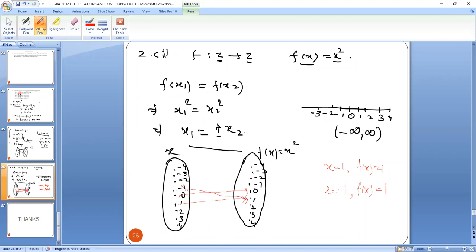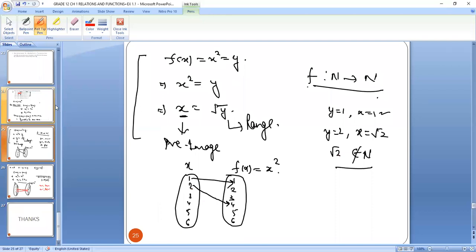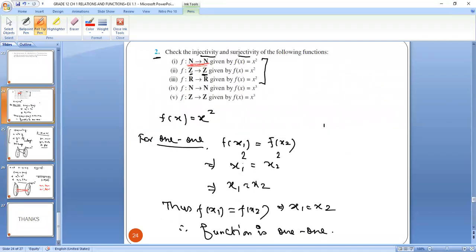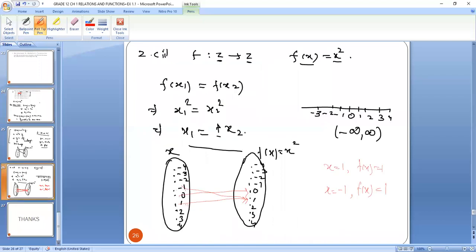So many pre-images have one image. So this function is not 1-1. This function is many-1. In the previous example, when we had taken the set of natural numbers, we had seen that the function was 1-1. But when we have changed our domain and codomain to the set of integers, we have seen now the function is not 1-1.